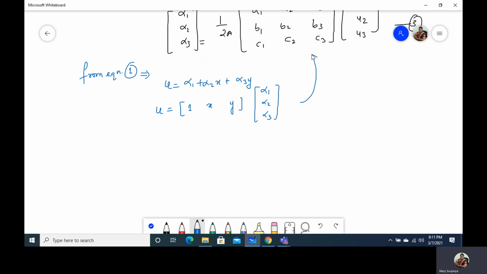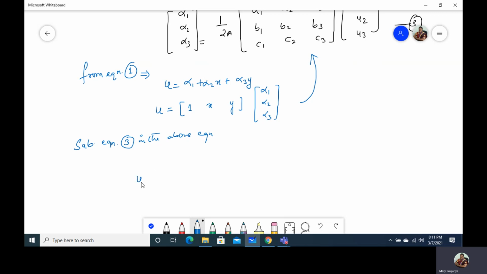Taking this from equation number 3, substituting equation 3 in the above equation, what do we get?